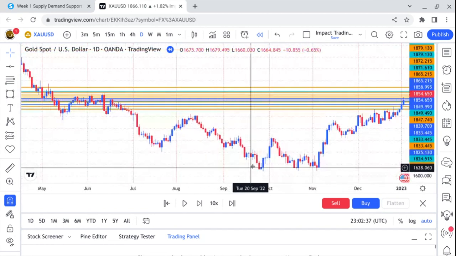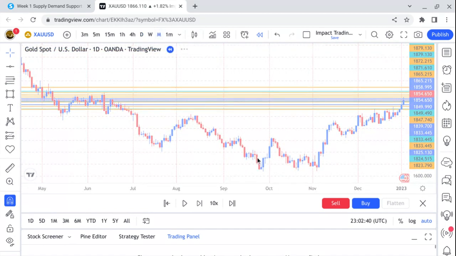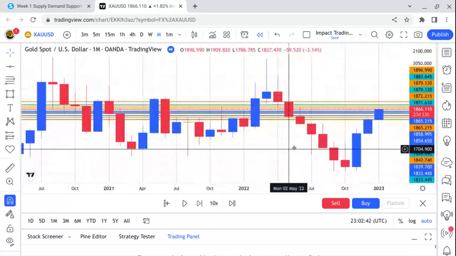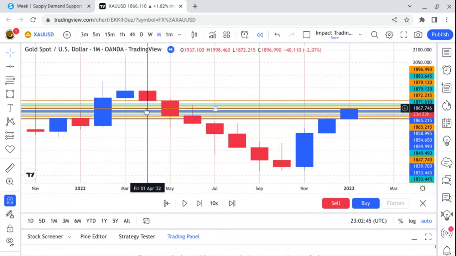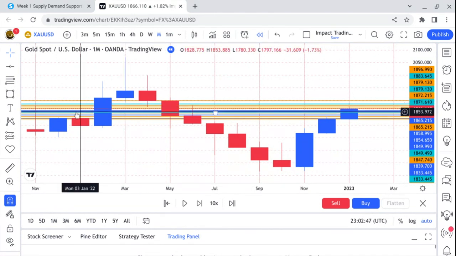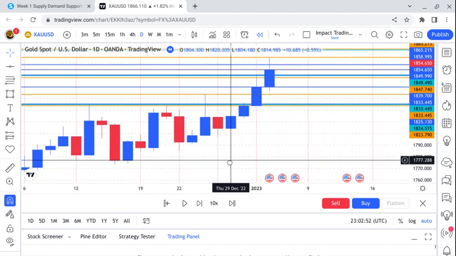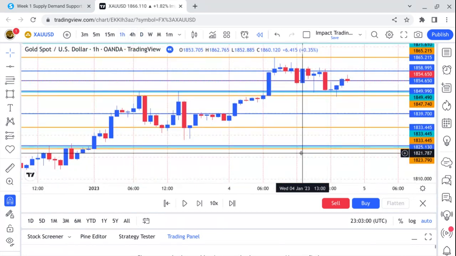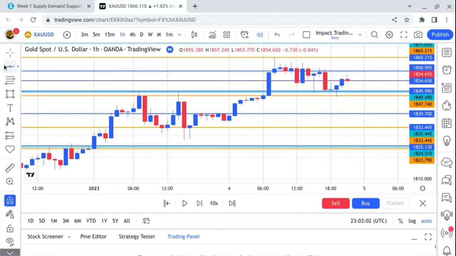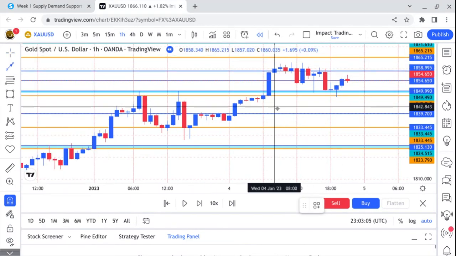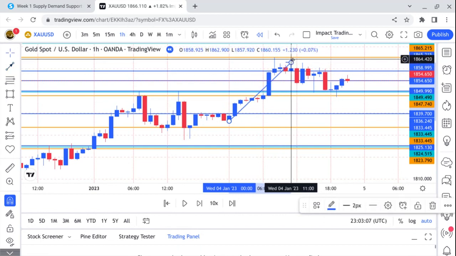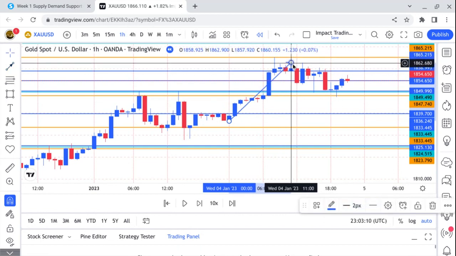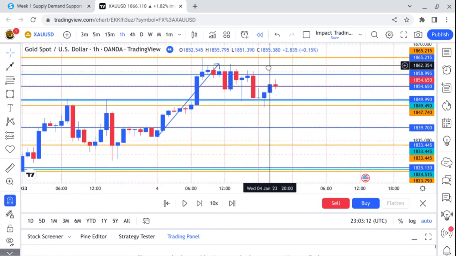So if you look at the monthly chart, the price is entering into these supply and demand support resistance areas on the month here. So what we would expect price to do on this next day, we call this first time back trading. Price entered into this supply and demand support resistance area for the first time during this month. This is January 3rd. January 4th.